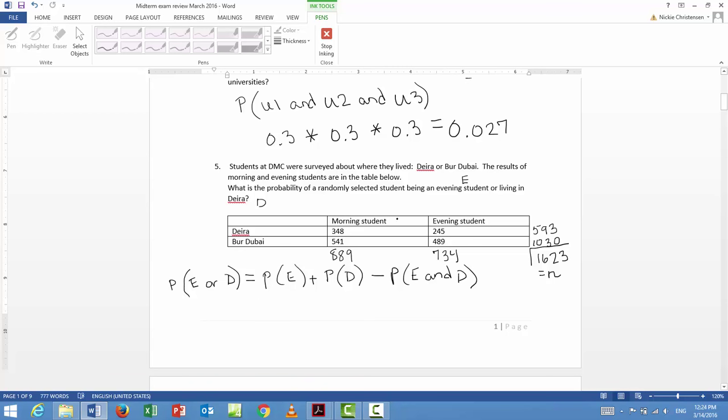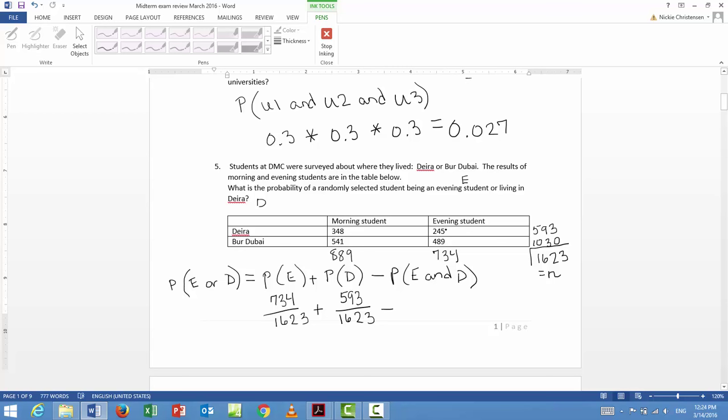So the probability of evening, we take the total number, okay? The probability of evening is 734 over our sample space, which is 1623, plus probability of Dira, again we take the total, okay? So 593 over 1623. And then we're going to subtract out the shared probability because otherwise we'll be double counting.